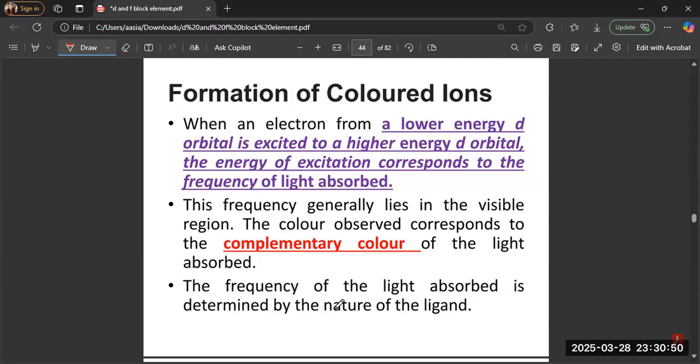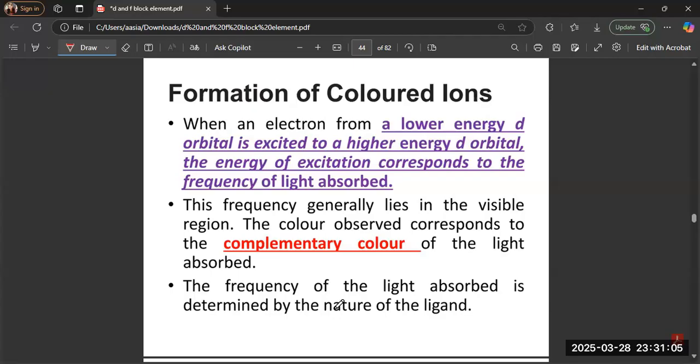This frequency generally lies in the visible region. That's why you observe color. The color observed corresponds to the complementary color of the light absorbed.